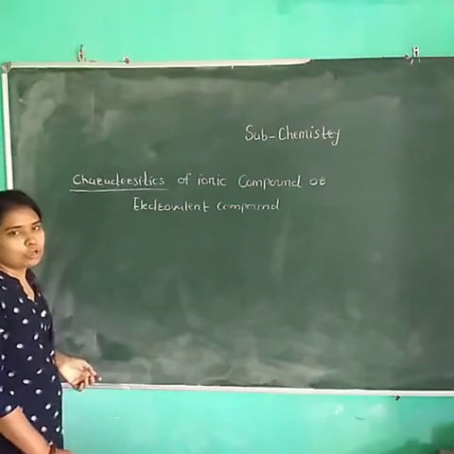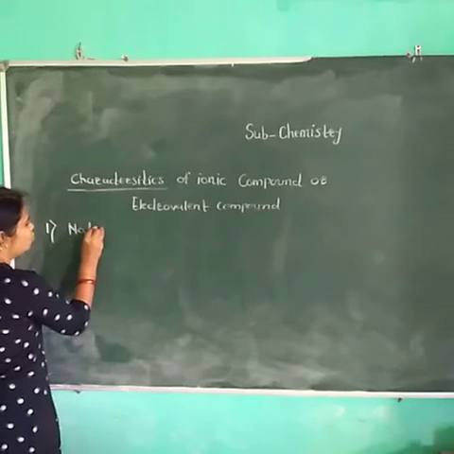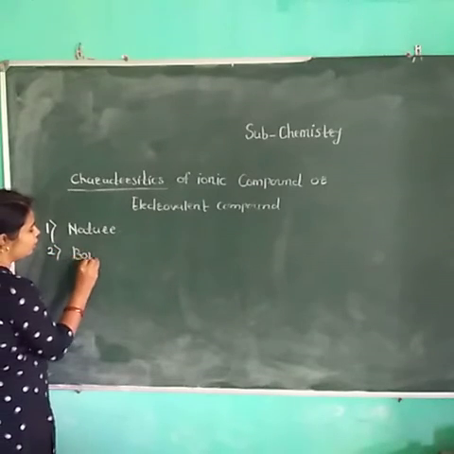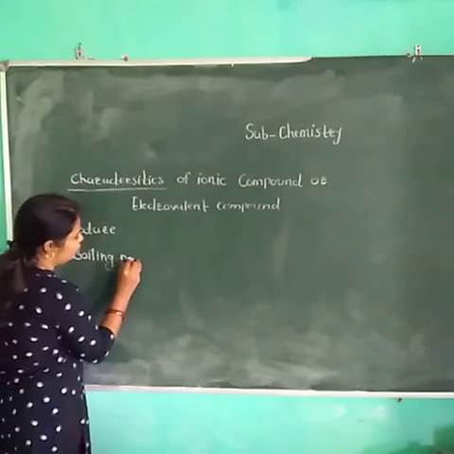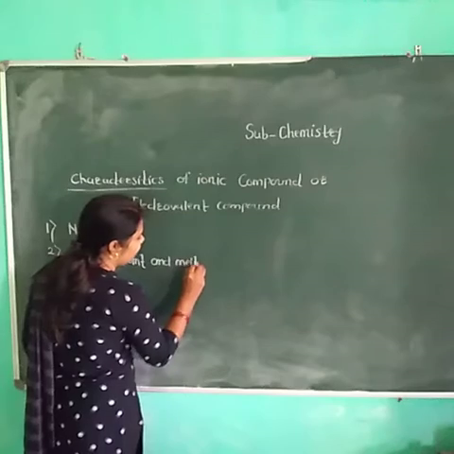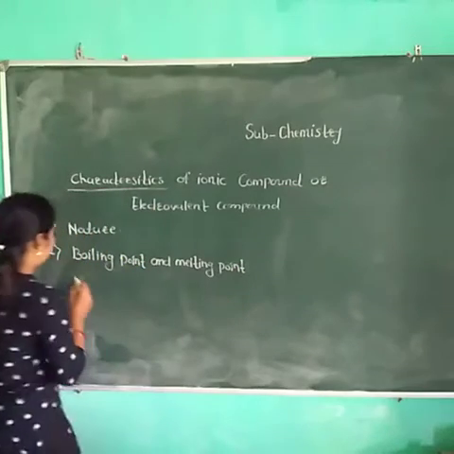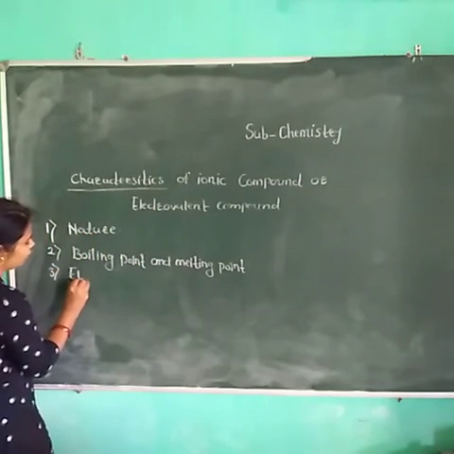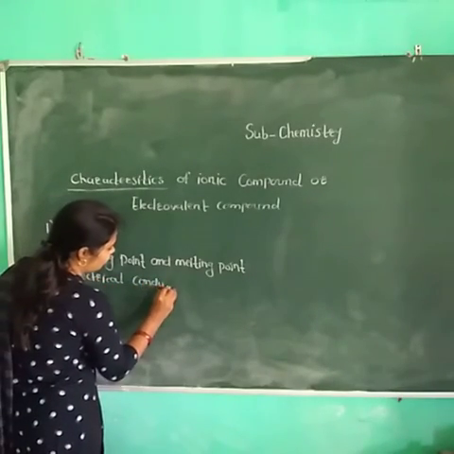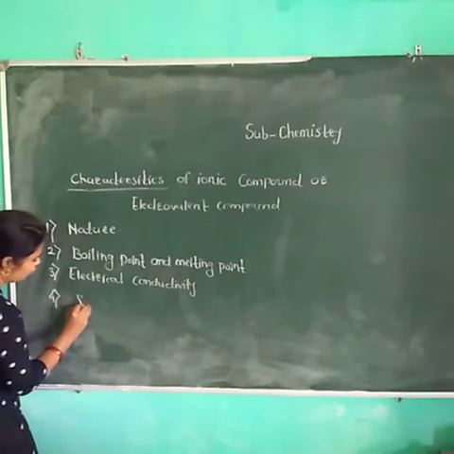What are the different characteristics of the ionic compound? The first is the nature, the most important characteristic of the ionic compound. Second is the boiling point and melting point. The third is the electrical conductivity. The fourth is the solubility.